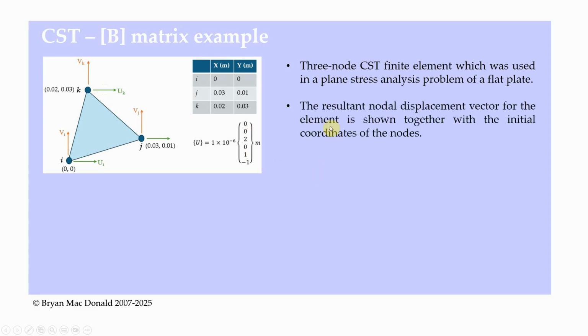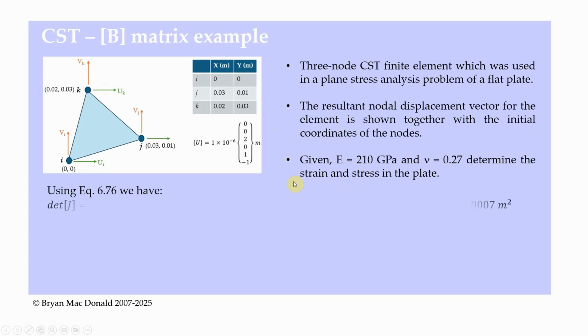The resultant nodal displacement vector is shown together with the initial coordinates of the nodes. Given the elastic modulus is 210 gigapascals and Poisson's ratio is 0.27, determine the stress and strain in the plate. Okay, so using equation 6.76, it's basically our equation for the determinant of the Jacobian.